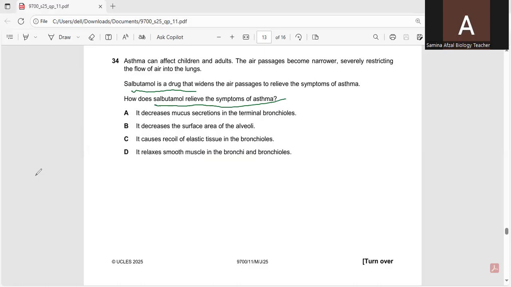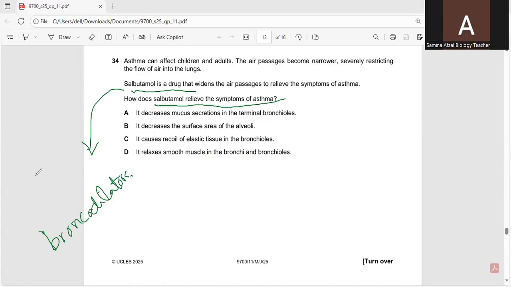So salbutamol is a type of medicine, actually a bronchodilator, because it widens the air passages. So it is called a bronchodilator.